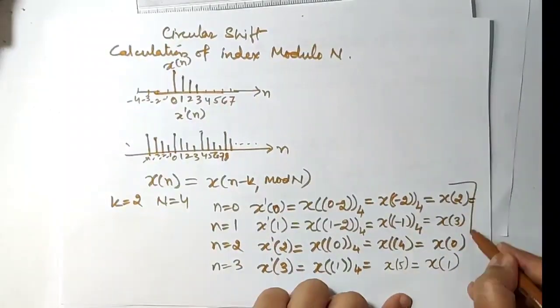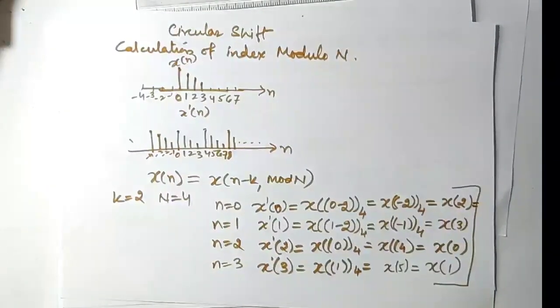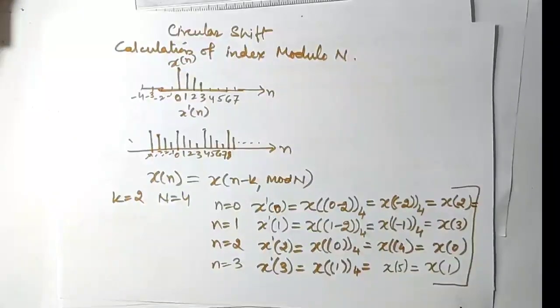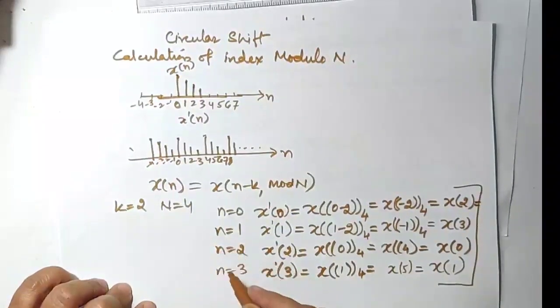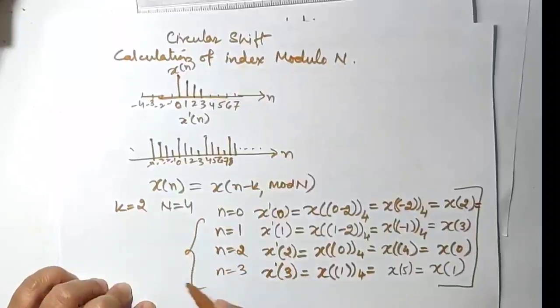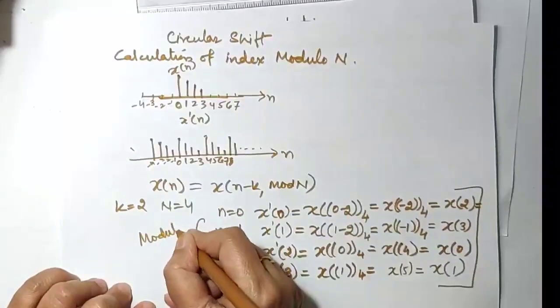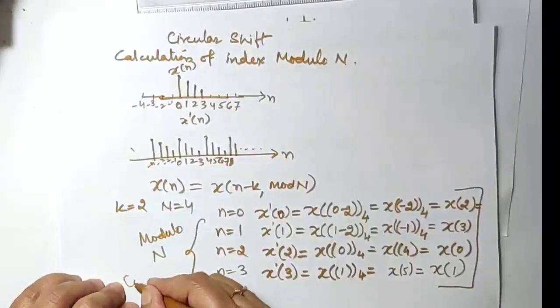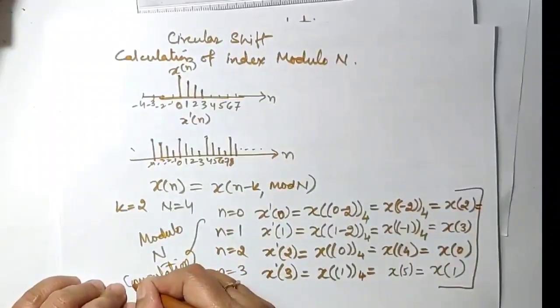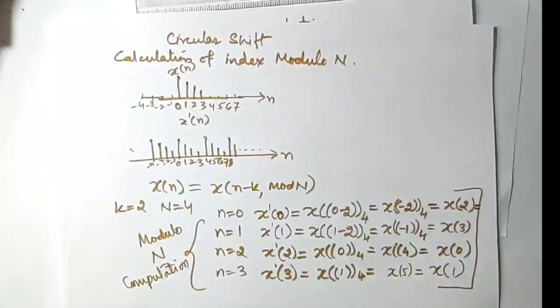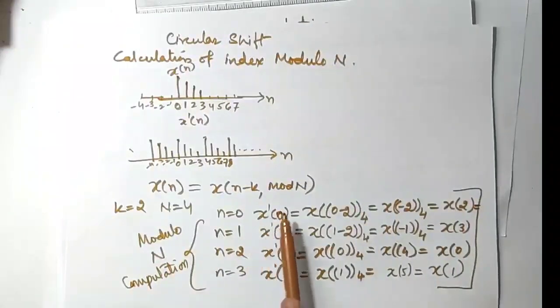This is the circular shift and modulo N calculation. If we know how to calculate this modulo N, then it would be easy to understand the circular shift.